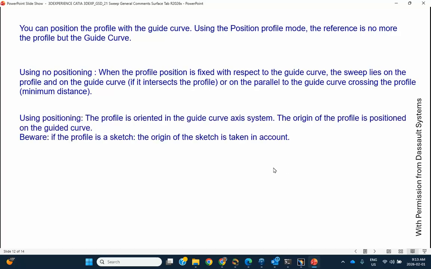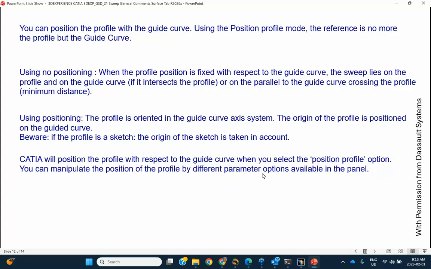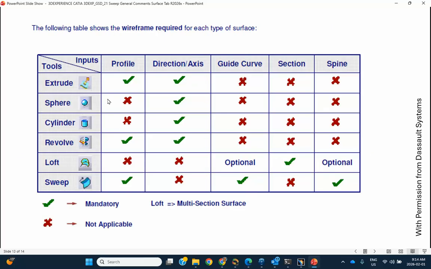All right, let me move on because we're going to do some examples. These are extremely important, some of them, and you can read it on your own. This is a nice table from that instructor's guidebook or presentation. You can see that for sweeping, you need a profile.